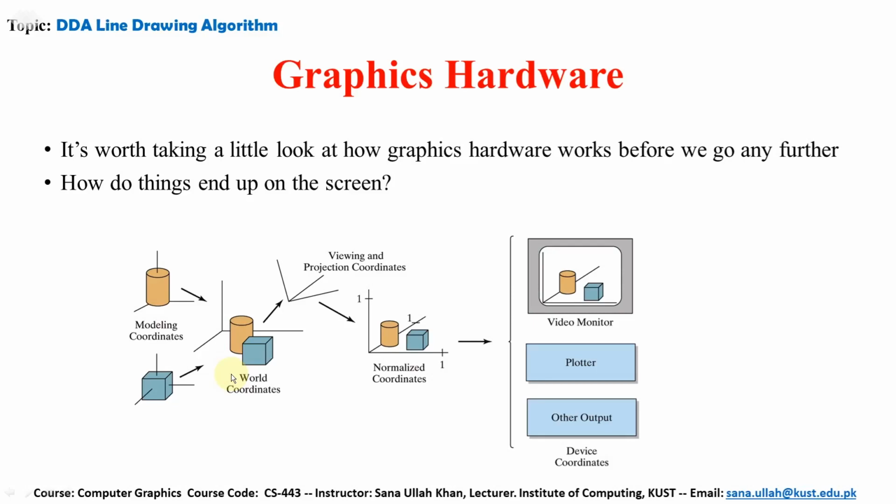So a scene is the combination of multiple types of objects combined in world coordinates. These are then converted to viewing and projection coordinates, also called view coordinates, then normalized coordinates, and a single window is normalized, which will be displayed. Each object on the scene is separated and then transferred to the video monitor, plotter, or other output device, which is also called device coordinates.